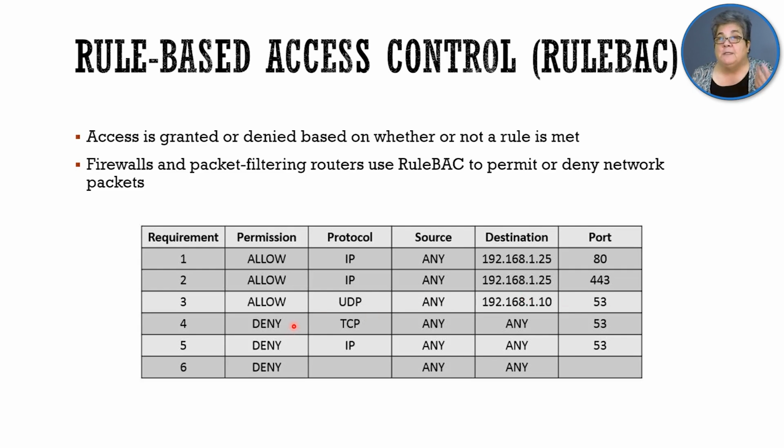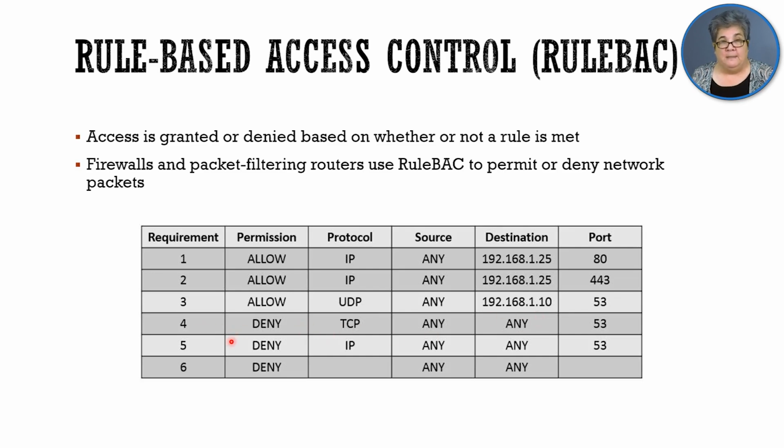Now, the first three rules were allows. The next one's going to be a deny, but only if we match. So if you're using TCP, going anywhere from any place, trying to use TCP 53, we're going to drop you right there. And at that point, you don't go any farther. But maybe your packet isn't that.